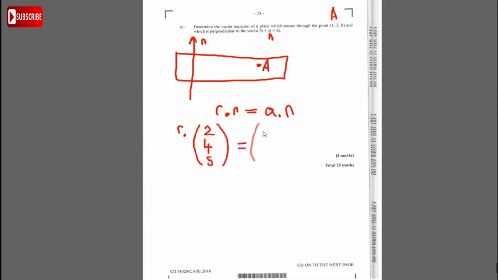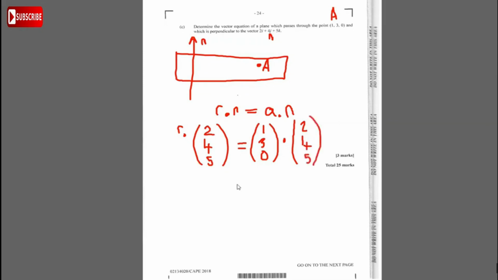And A dot N will be 1, 3, 0 dot 2, 4, 5.